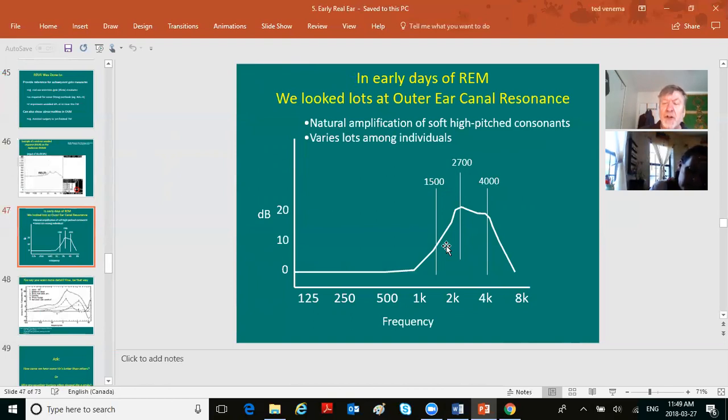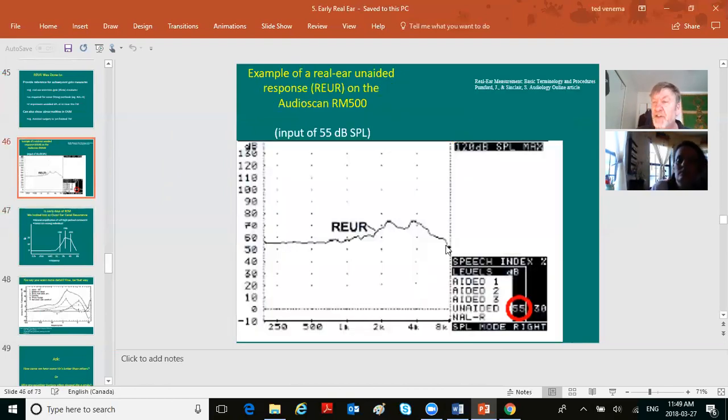So the way to look at this is, when you look at your previous slide, look at the input at 250 hertz. It's 55 dB. And there's a probe stuck in the guy's ear. Actually, I'll stop sharing, and then I'll just show it to you this way. If a speaker is here, and a tube is in my ear, and out of the speaker comes a 55 dB tone, and the tone is 250, I'm going to measure in my ear 250 hertz at 55 dB.